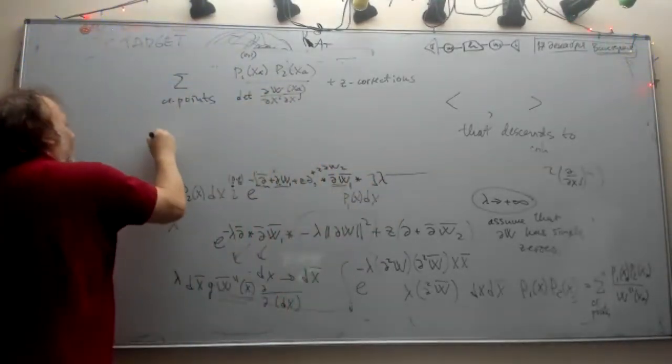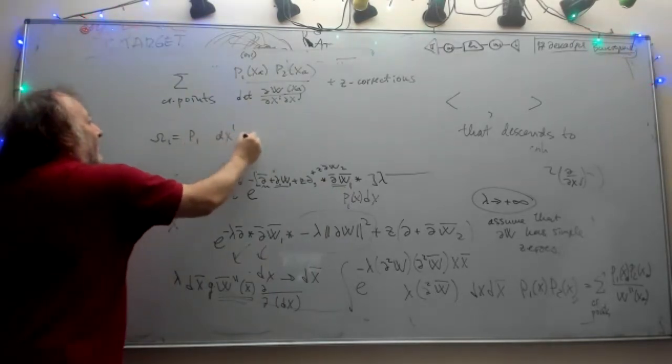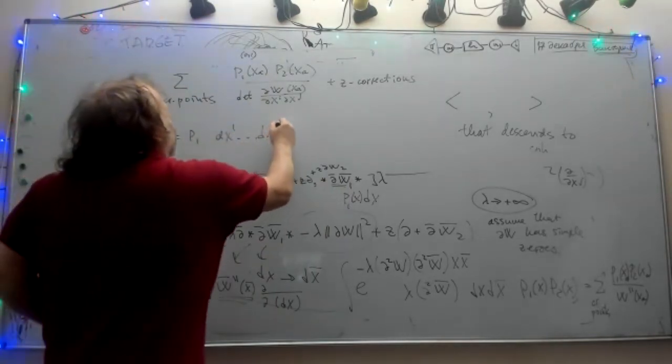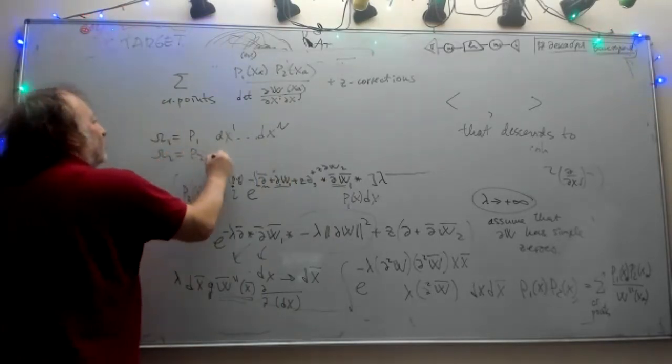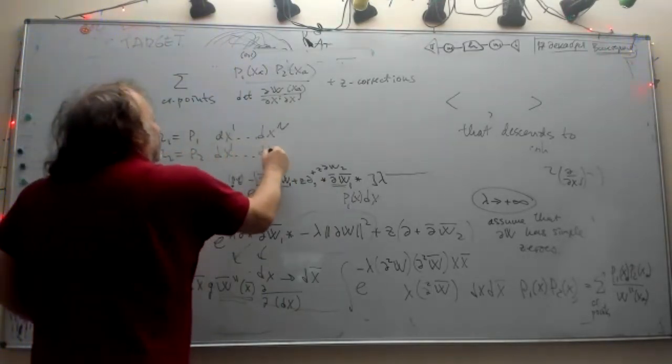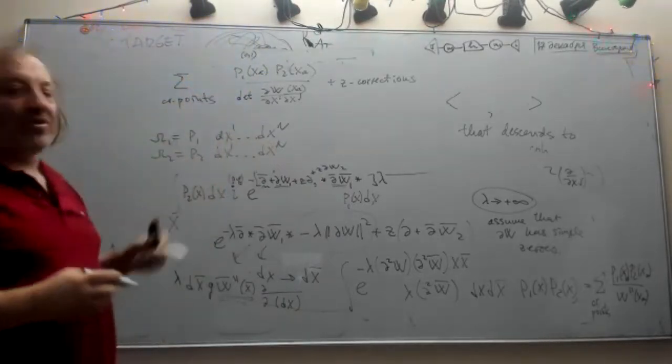So if omega 1 is p1 dx1 through dxn, omega 2 is p2 dx1 through dxn, so I write it in coordinates. Then I have this formula in coordinates.